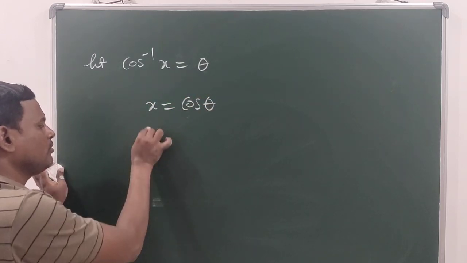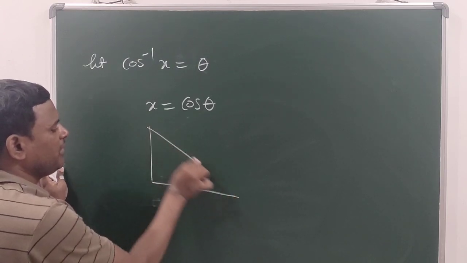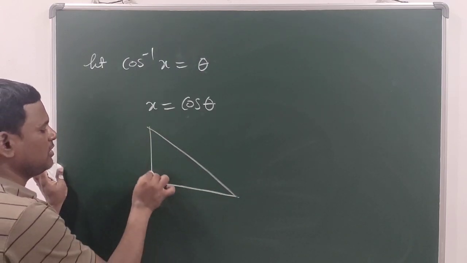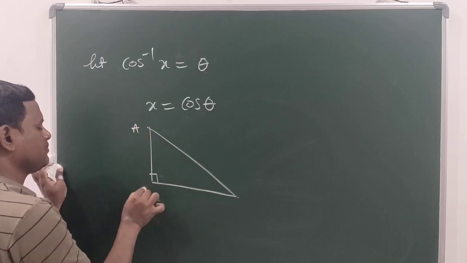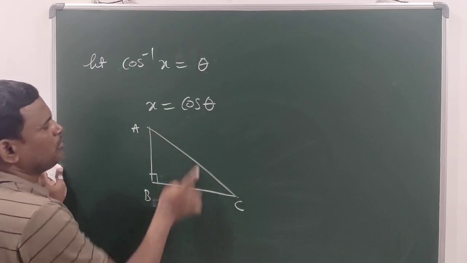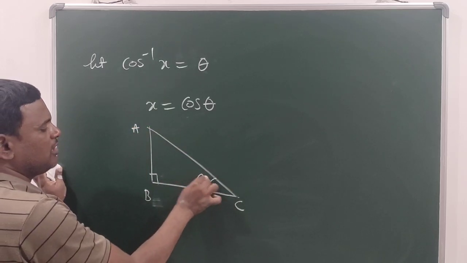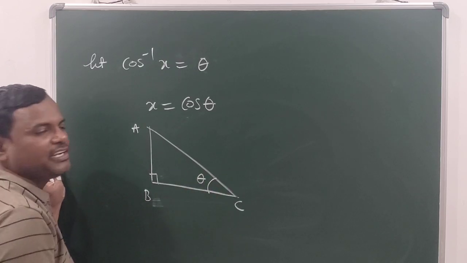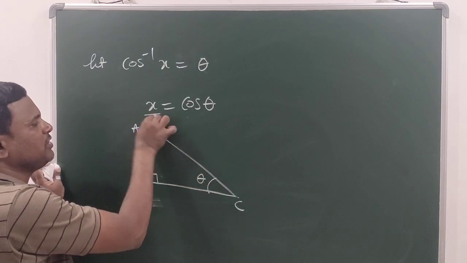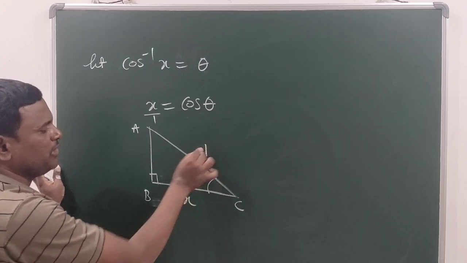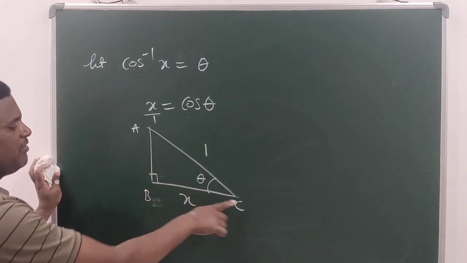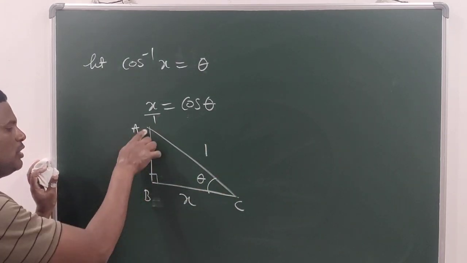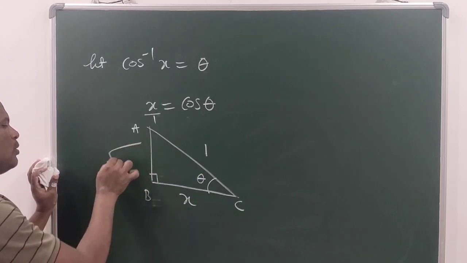Hereafter what you have to do? You have to define this cos theta is equal to x on this right angle triangle. So consider this angle be theta. Now cos theta definition, adjacent by hypotenuse. Now same like previous one, apply the Pythagoras theorem so that you will get AB as root of 1 minus x square.